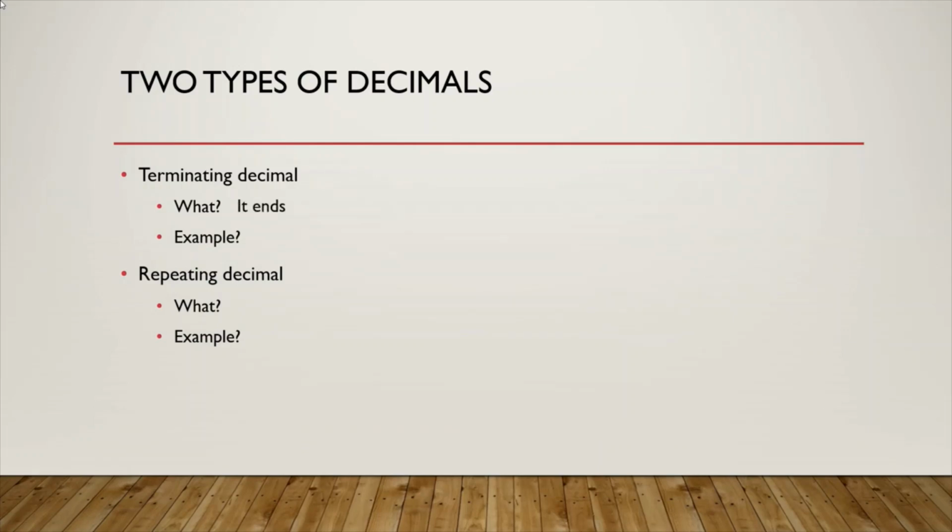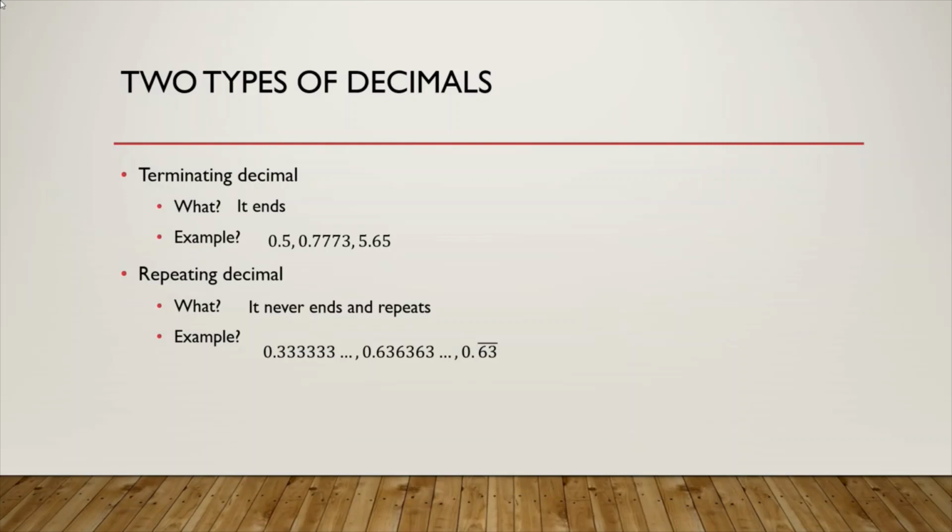So here are some examples. 0.5, all those end. Then you have what are repeating decimals. Repeating decimals, they never end and they repeat. They just go on and on and on. Okay, you get it. I'm repeating it myself.